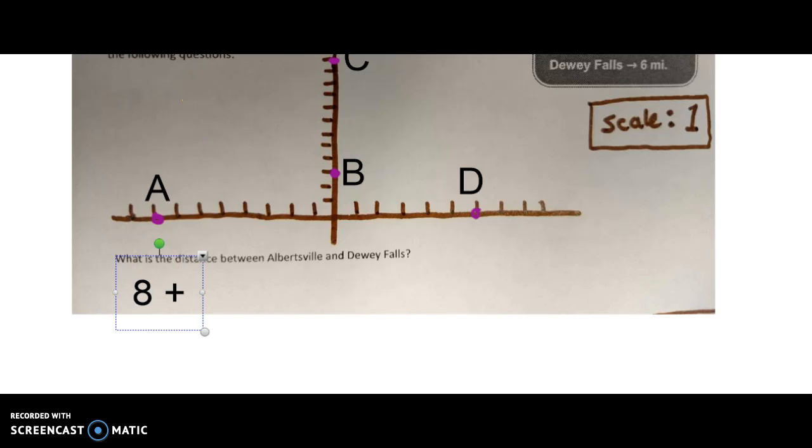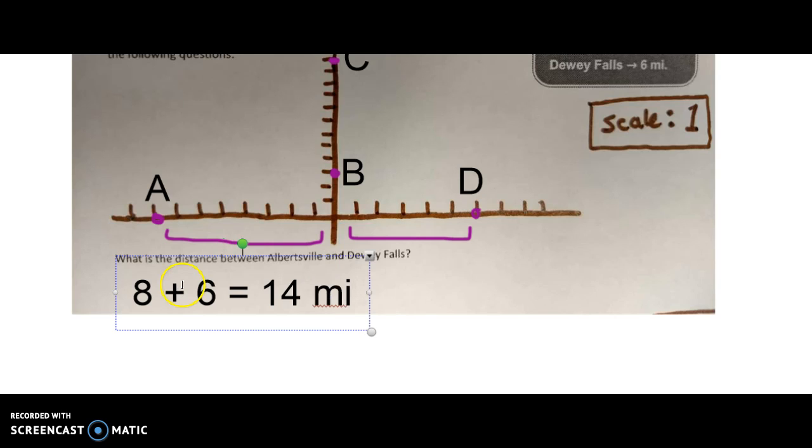But then, because that really covers this distance right here, that's 8 units. But Dewey Falls goes the other way from my origin, 6 units. So basically, I have to take my 8 and then I have to add 6. So I know that 8 plus 6 equals 14 mi for miles.